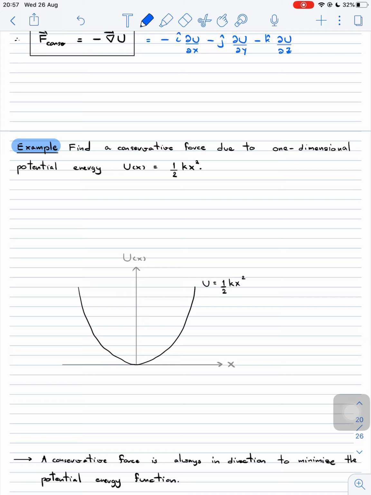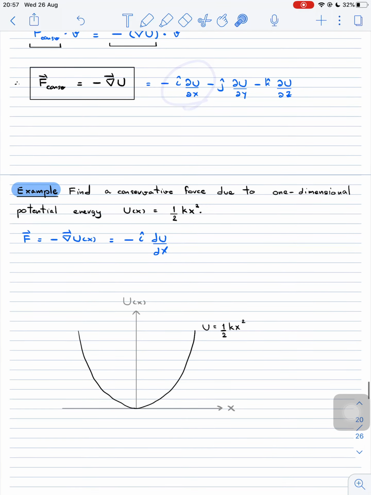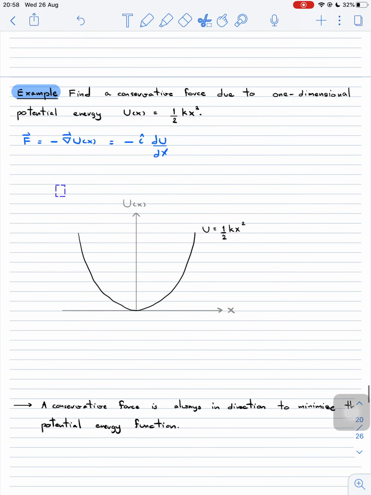So let's use this equation, F equal to minus the gradient of U. In this case, U just depends on x, so it's equal to minus unit vector i du by dx, because U just depends on x, so the other terms go to 0, and then we change the partial derivative to the direct derivative, so let's just use d here.